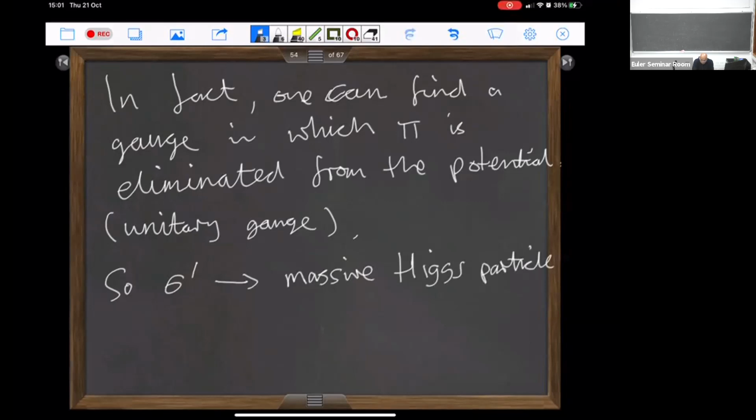So the low energy mass content of the system in the vacuum is one massive scalar and one massive vector. Are there any questions about that before we go on to the standard model case?